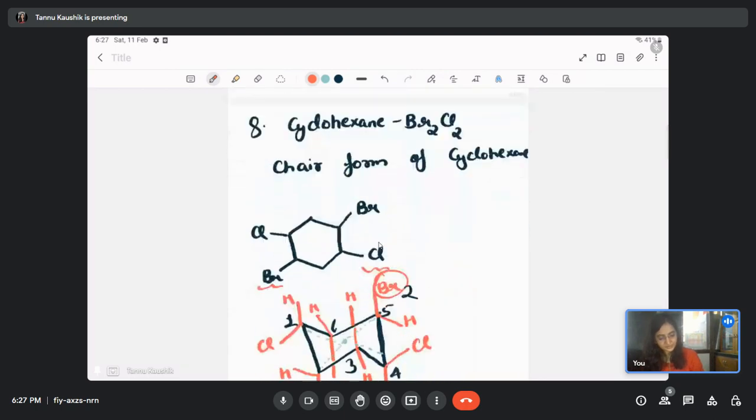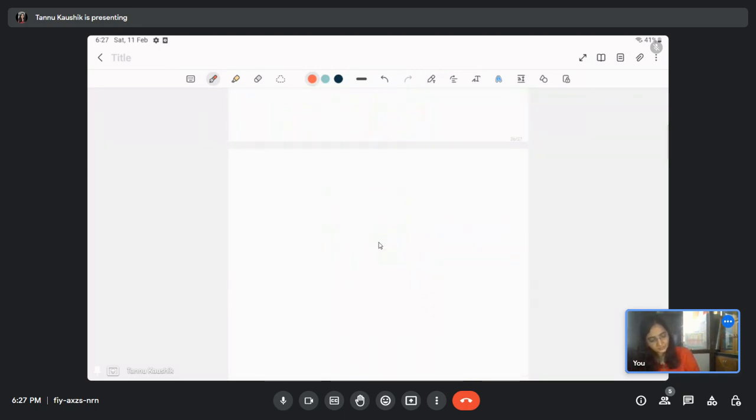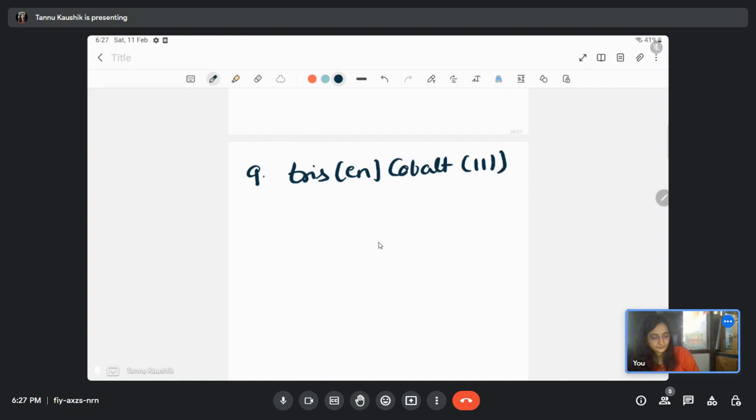And the last example I'm going to discuss is tris(ethylenediamine)cobalt(III).